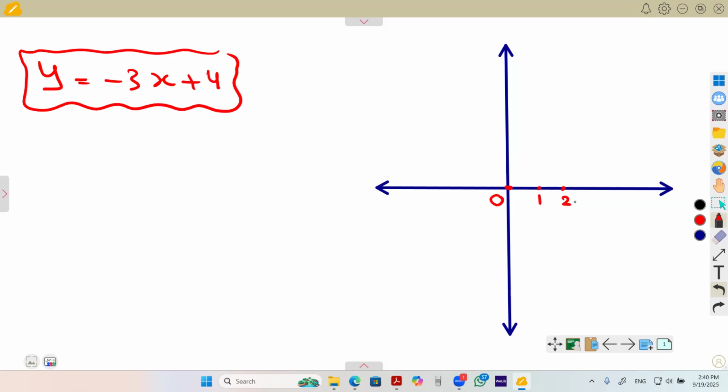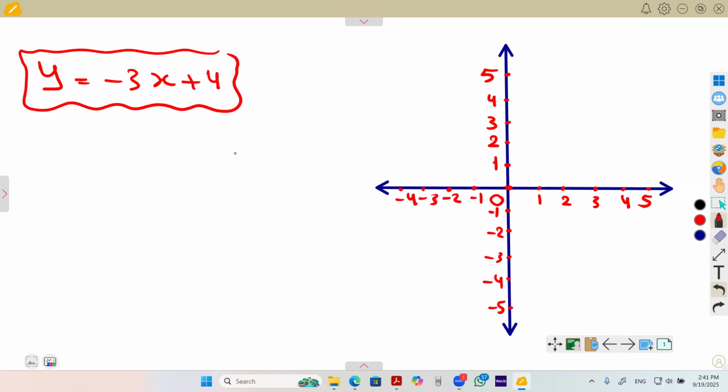On the x-axis, 1, 2, 3, 4, 5, and on the other side minus 1, minus 2, minus 3, minus 4, minus 5. Up is 1, 2, 3, 4, 5, and the same on the bottom, but negative. This is the negative part of the y-axis.